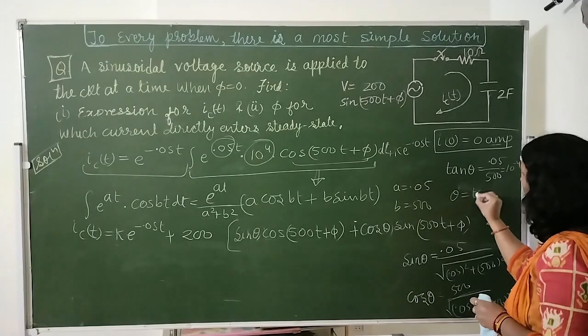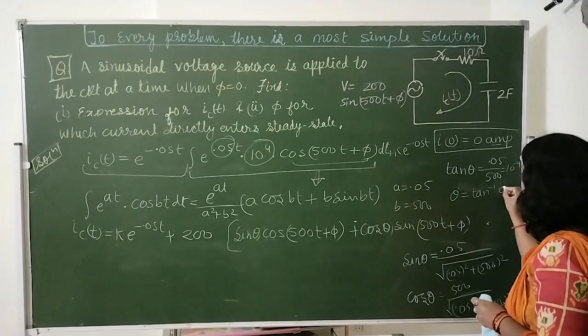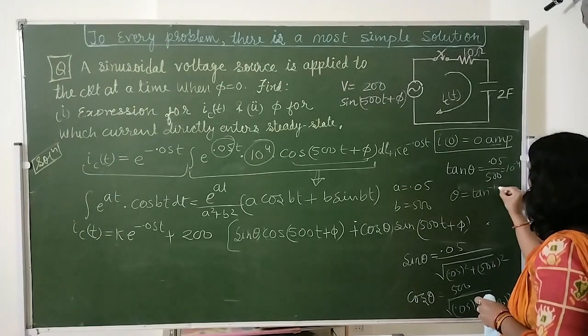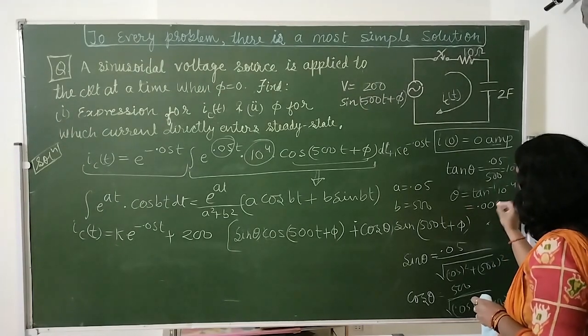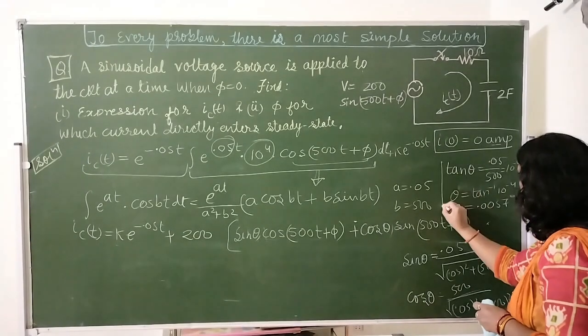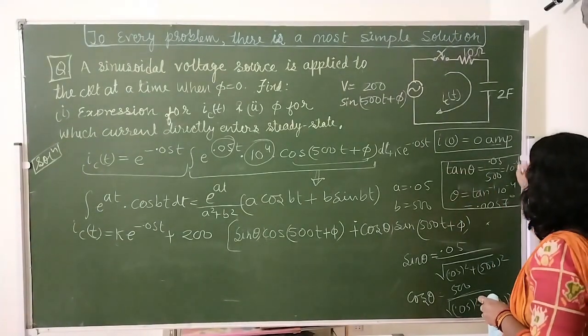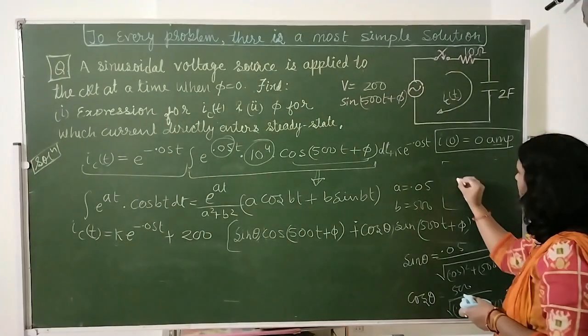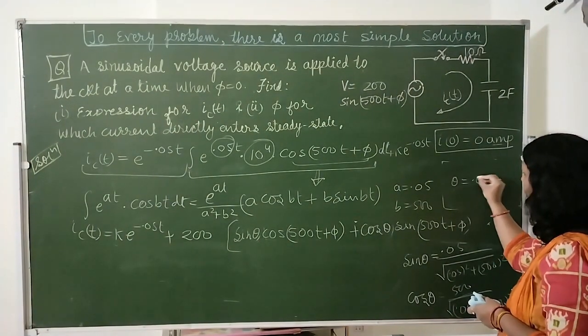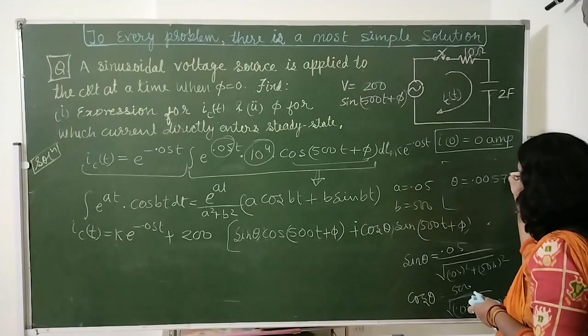So theta is equal to tan inverse of 10 to the power minus 4, which equals 0.0057 degree. So here we got the value of theta, 0.0057 degree.